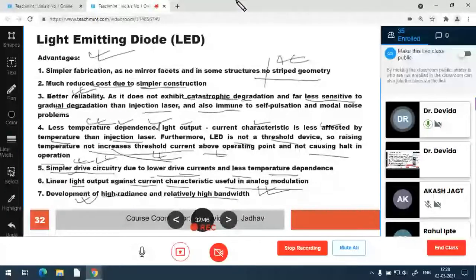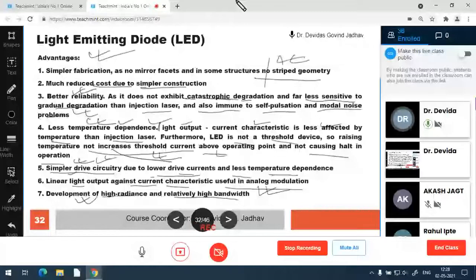It is also immune to self pulsation and modal noise problems. Then fourth is less temperature dependency. The LED current characteristic is less affected by temperature than the injection laser.